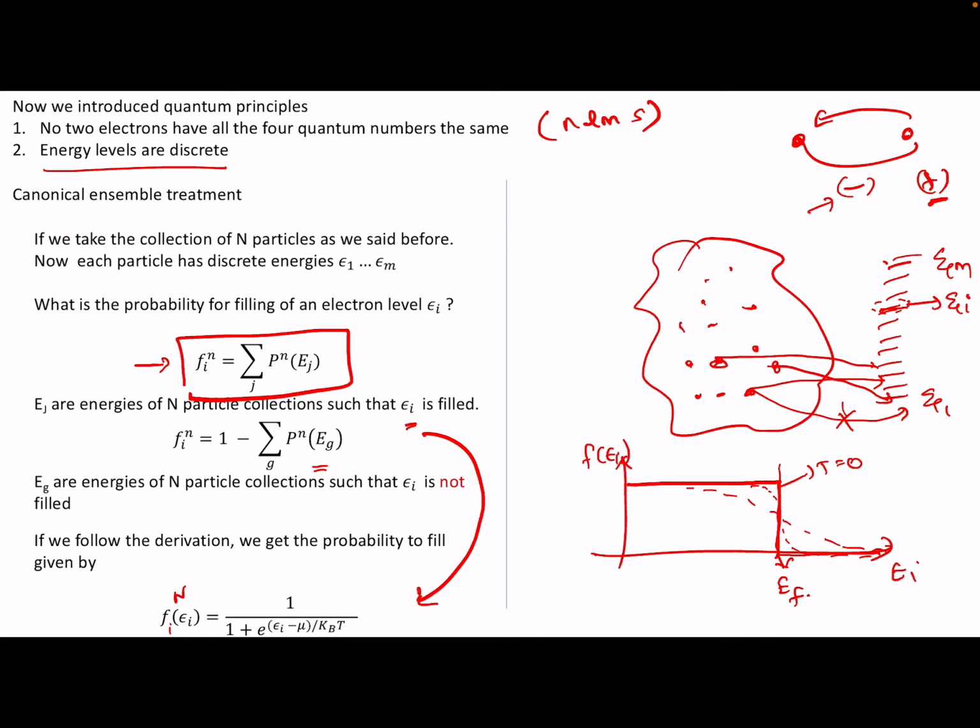If I ask you where we used the fact that you can have only one electron per state in the derivation we did, this will be something for you to think about. We have used this fact somewhere in this derivation, which lets you bring it to this particular format for the probability of having a particular energy level filled.